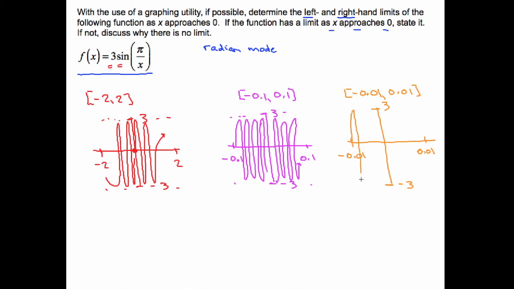But again, I see the same oscillation that I witnessed before. So as I near 0, I know that my left-hand and right-hand limits both don't exist.